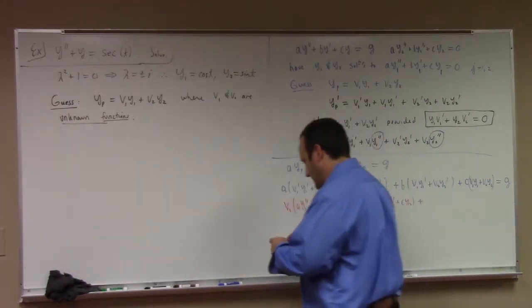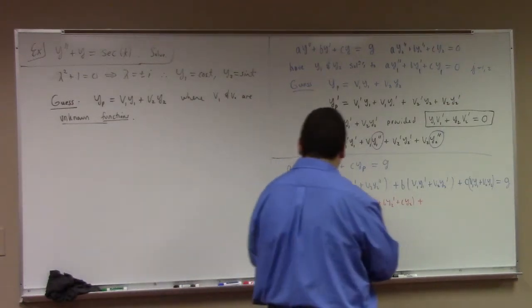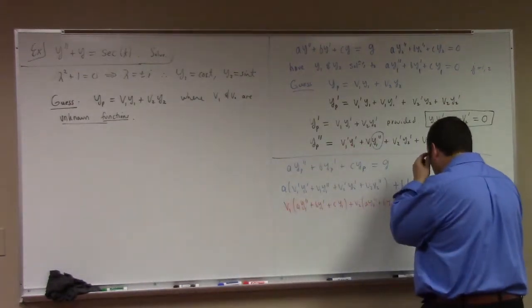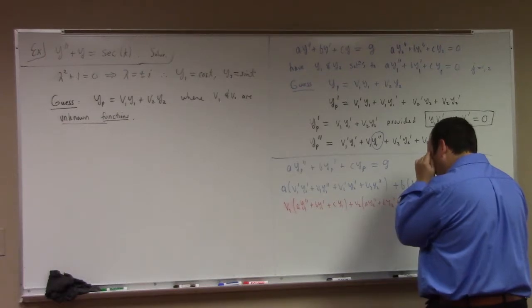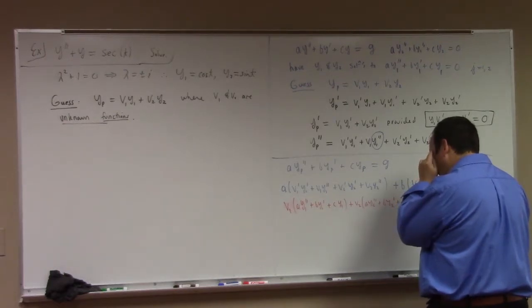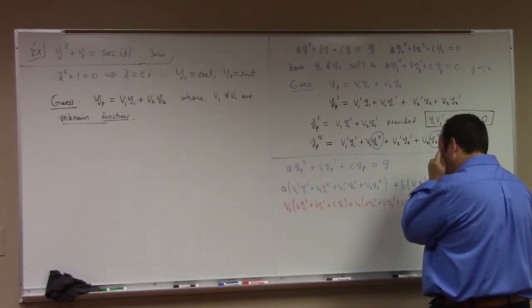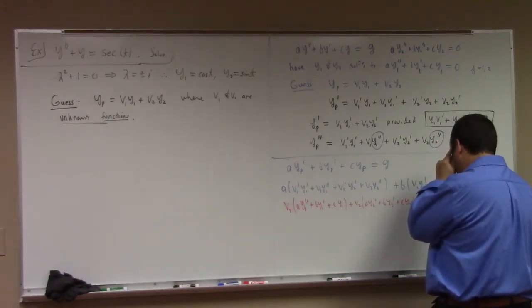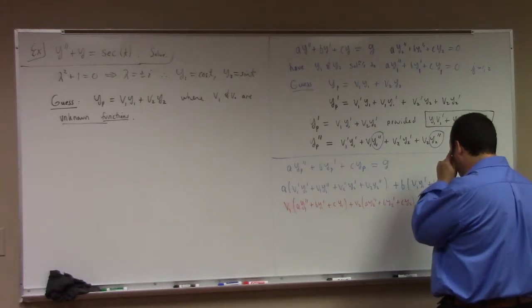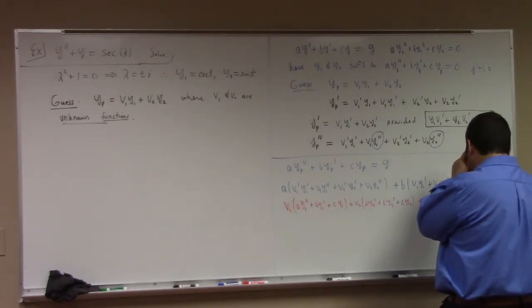And then the other terms remaining are A times V1 prime Y1 prime plus V2 prime Y2 prime, and all of that's equal to G.